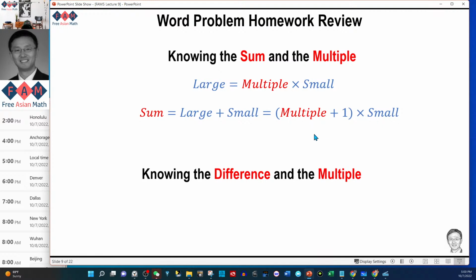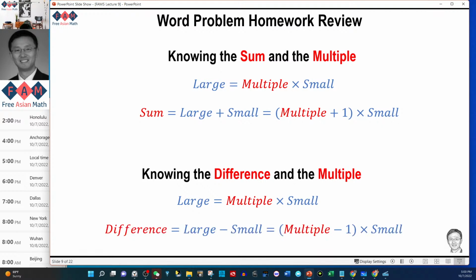Similarly, if we know the difference and the multiple, then we will have this relationship. Still, large is a multiple of small, but now the difference instead of the sum is large minus small. The distributive property, even in this case, still works. So the difference is a multiple of small.